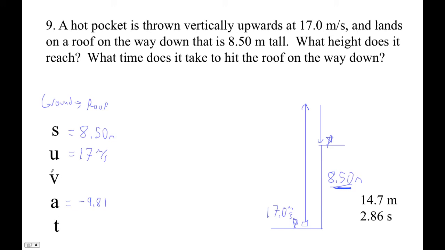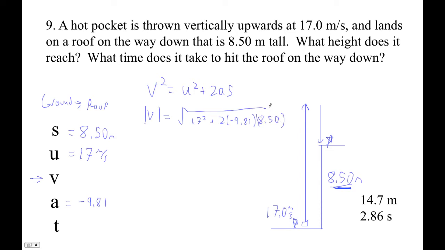So what I suggest we do is let's use no t for v first, right? So let's go, v squared is u squared plus 2as. Okay, so the absolute value of v is the square root of 17 squared plus 2 times negative 9.81 times 8.5.